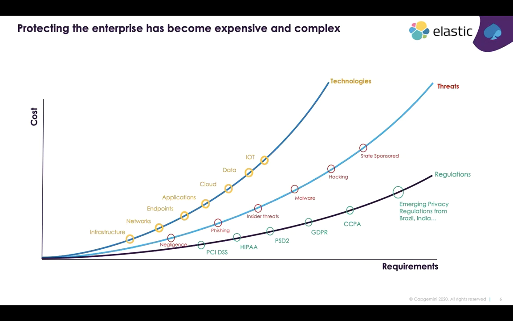The second dimension that's actually worrying the people responsible for the CISO and CISO offices is that the threats are evolving as well, from negligent sort of problems. There are threats from nonfeasance as opposed to misfeasance, I would say, all the way to state-sponsored threats that we're seeing today.